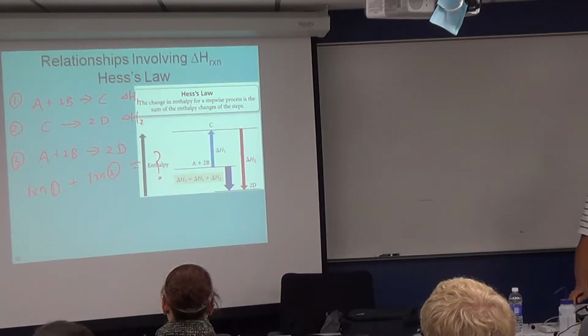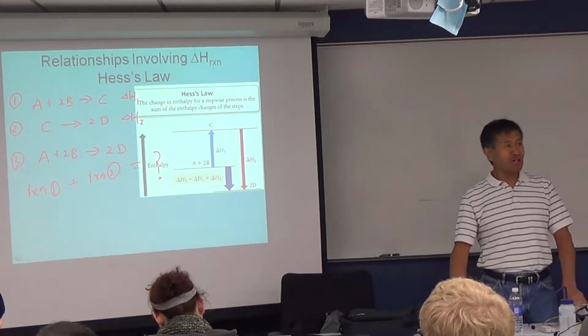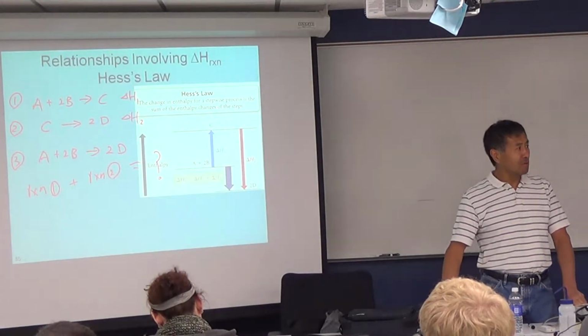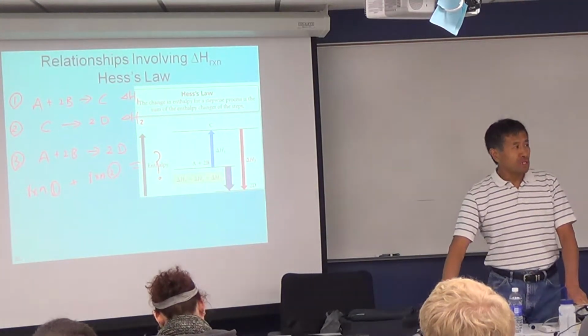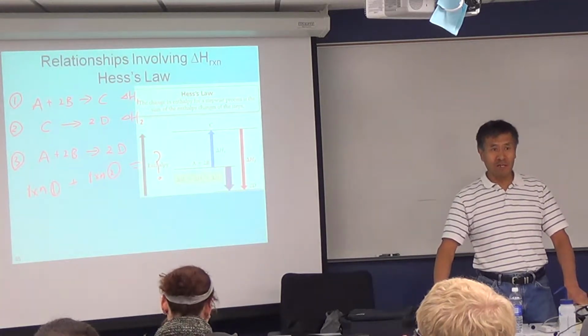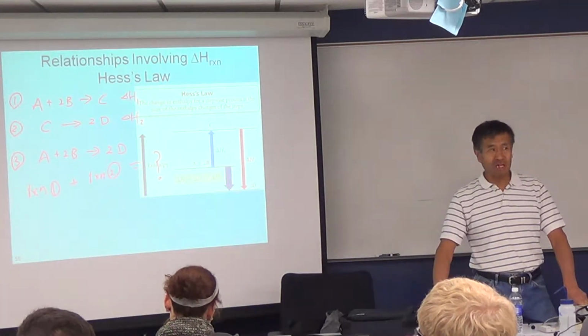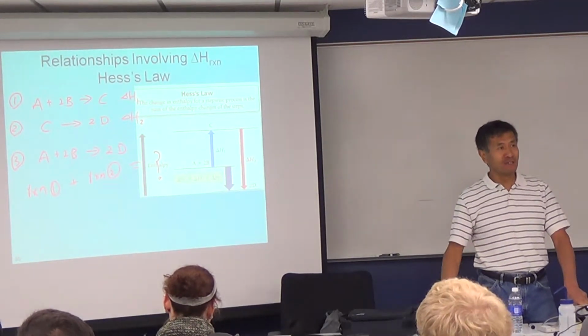I think some of you in your lab group, if you did that alum lab, where we made alum from the aluminum can, and you did the lab report, you already practiced adding equations, right?